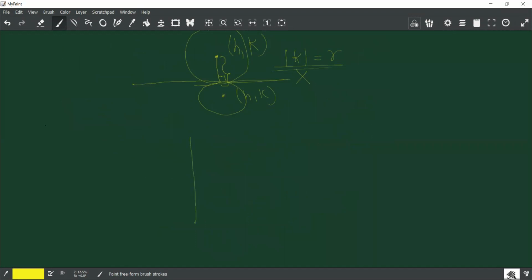Now I don't have to tell you the second case. Touching the y-axis. Take the same center.